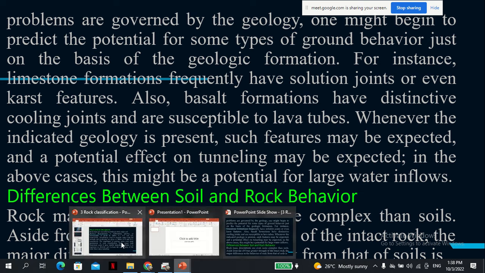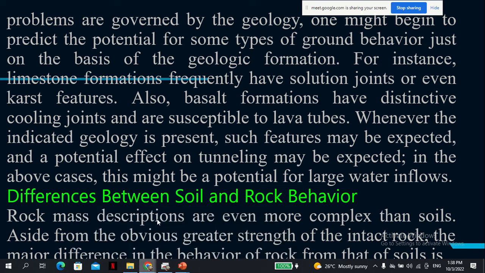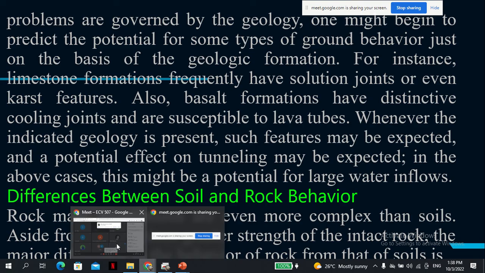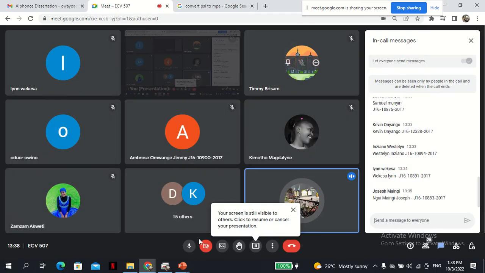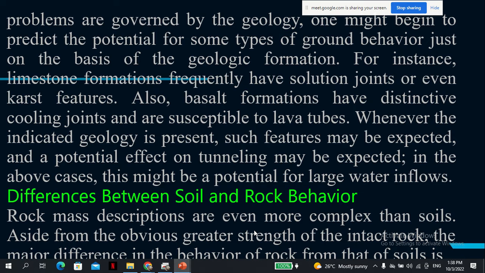For starters, you need at least to know whether these are metamorphic or igneous rocks, because from the conventional understanding you can have an idea of the kind of behavior you expect. For instance, limestone formations frequently have solution joints or even karst features.